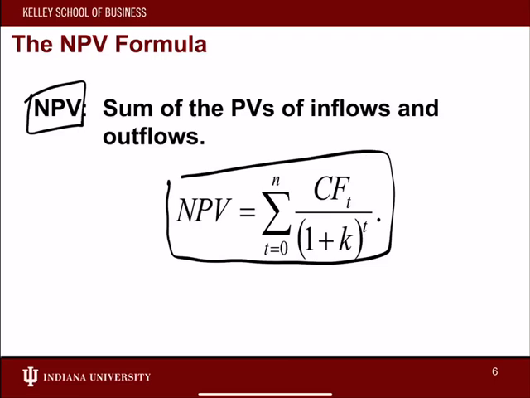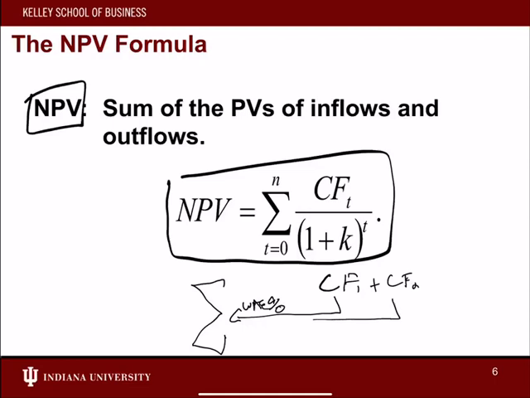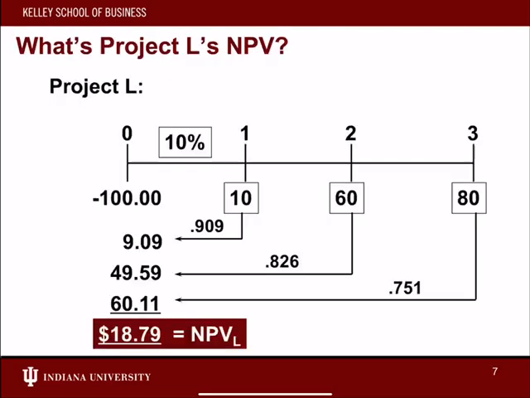It says you discount every cash flow you receive back at your WACC rate, and then you sum all those cash flows up. So you have cash flow one plus cash flow two discounted back plus cash flow three discounted back, etc. This is just the calculation in case you wanted to see it.